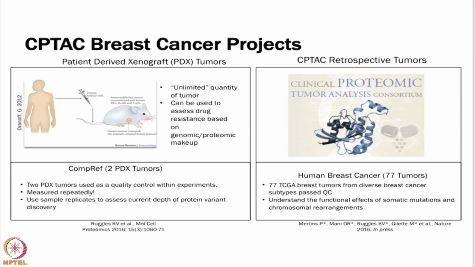So these were 2 different tumors that were really used as quality control within experiments. They're still being used, actually, for the studies that are ongoing. And what's cool about these is that they were measured over and over and over again. So we use the fact that they were measured over and over again to really understand where we're at in terms of our depth of discovery of these protein variants.